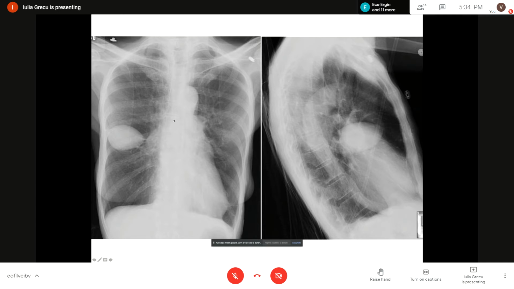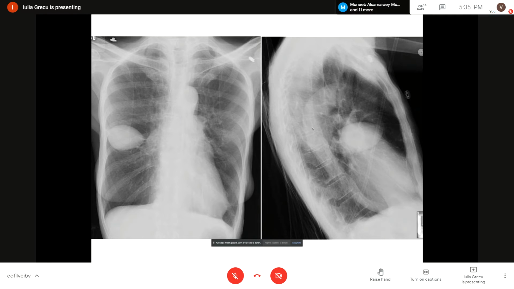This can be anywhere on the pleural surface, in the apexes, in the laterothoracic part of the pleura, in the posterior part of the pleura, near the mediastinum, or along the fissures between the two pleuras. They usually have this typical lenticular aspect.